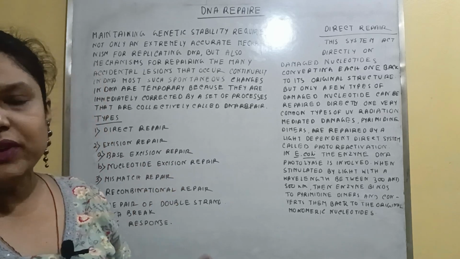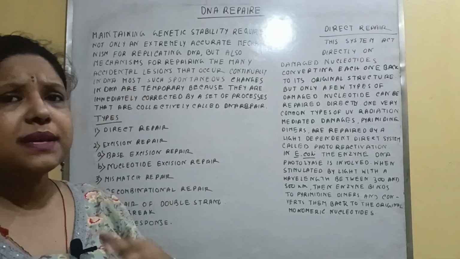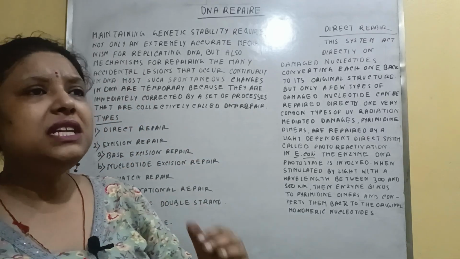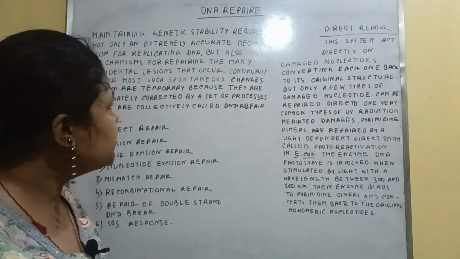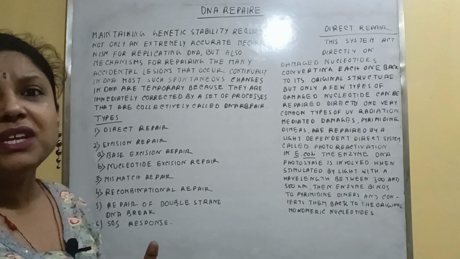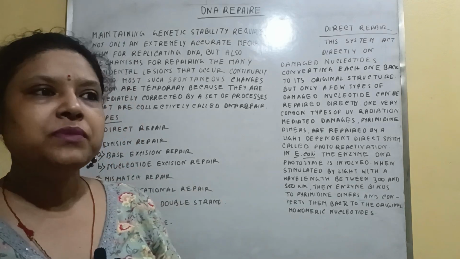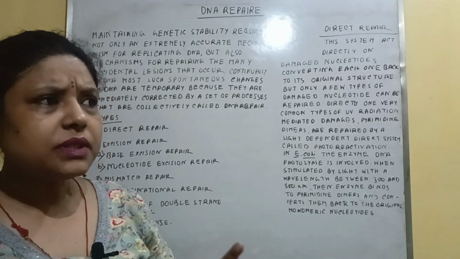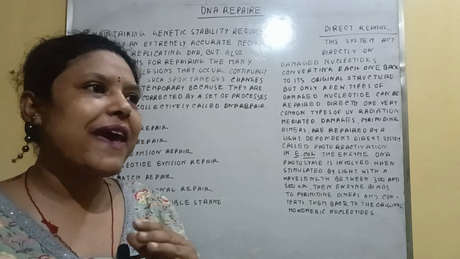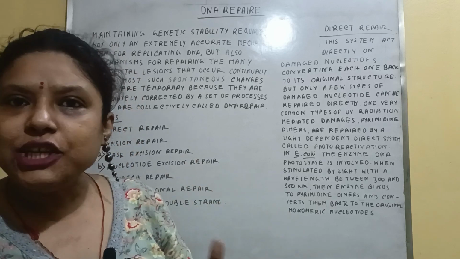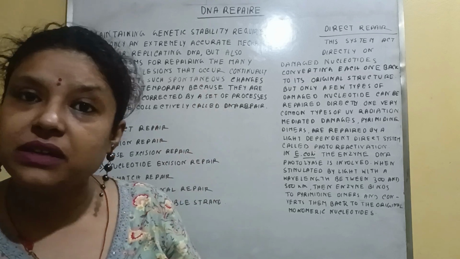First of all, we have to understand that DNA replication is the process by which new DNA forms from the parental DNA. During the formation of the new DNA, there may be accidental changes, as different inducing factors try to change the actual structure of the DNA.